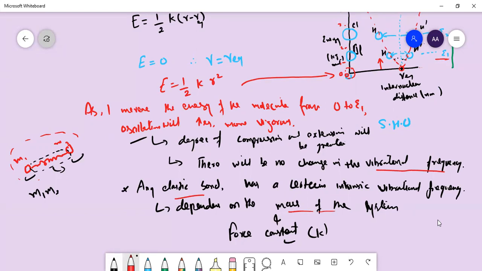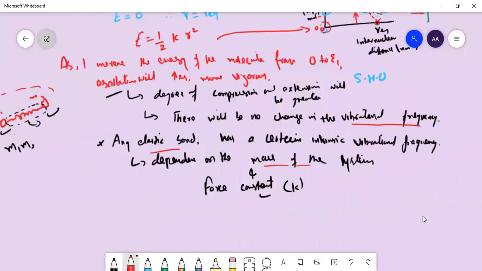And second is the force constant, how strong the bond is between the two atoms. So each elastic bond has a certain fixed intrinsic vibrational frequency, and that depends on the mass of the system and the force constant of that molecule.